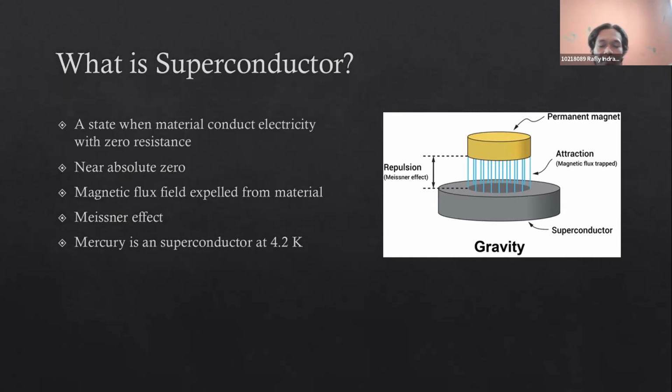Mercury is one example of a superconductor material, at 4.2 Kelvin temperature.